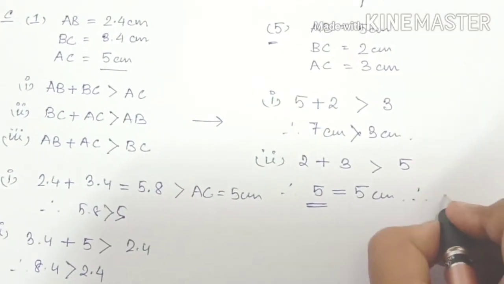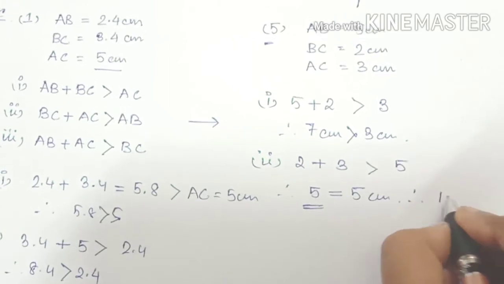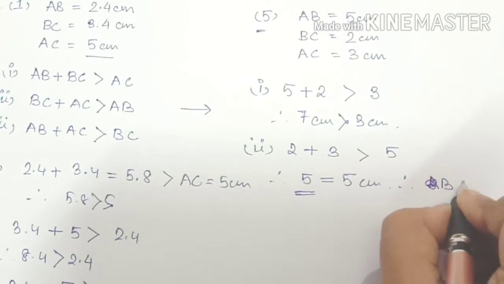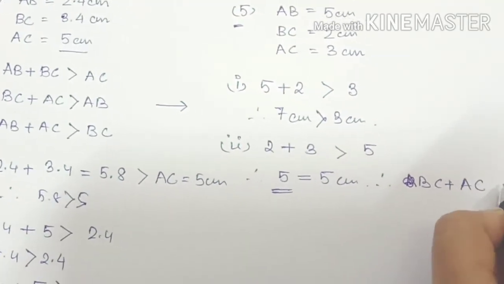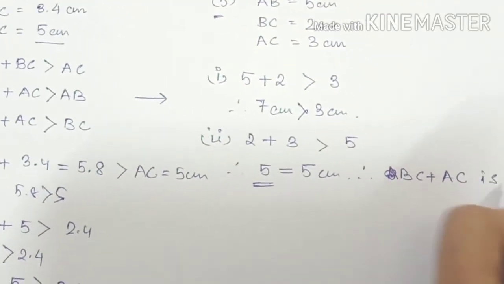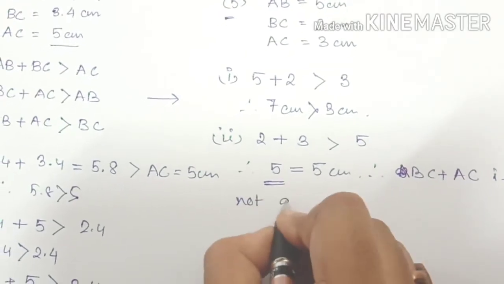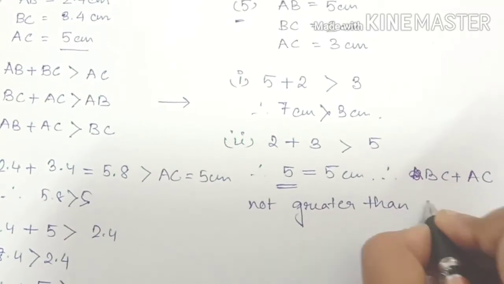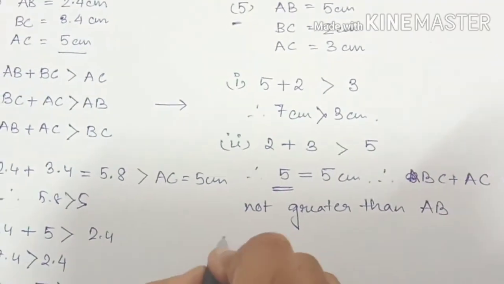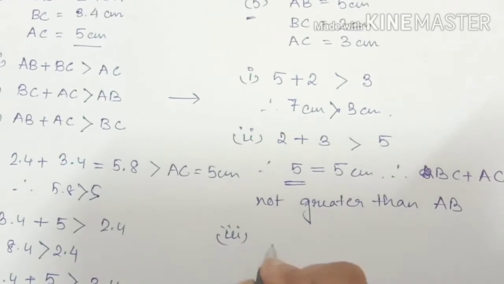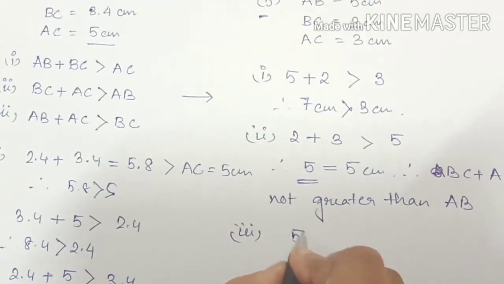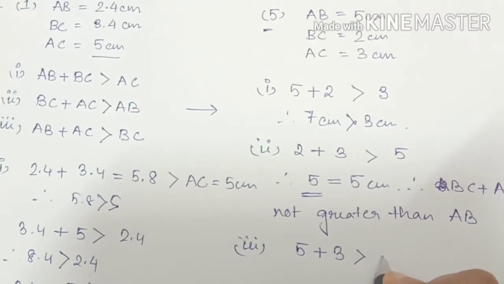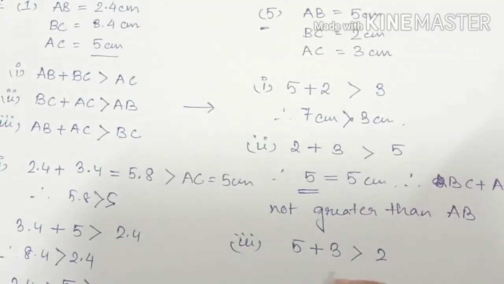Therefore, BC plus AC is not greater than AB. And for the third condition, that is AB, which is 5, plus AC, that is 3, is greater than BC, that is 2.